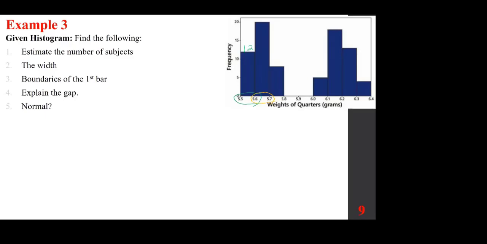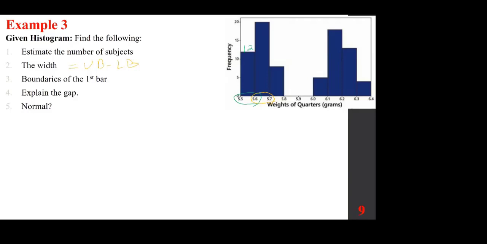When you want to calculate the width and the boundaries are given, the width is the upper boundary minus the lower boundary of the same class. Whereas with limits, it was upper limit minus lower limit plus 1 unit. Don't mix them up.